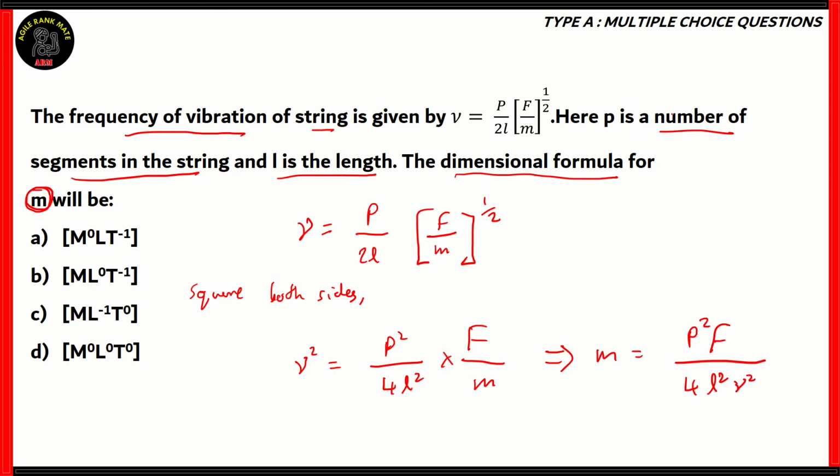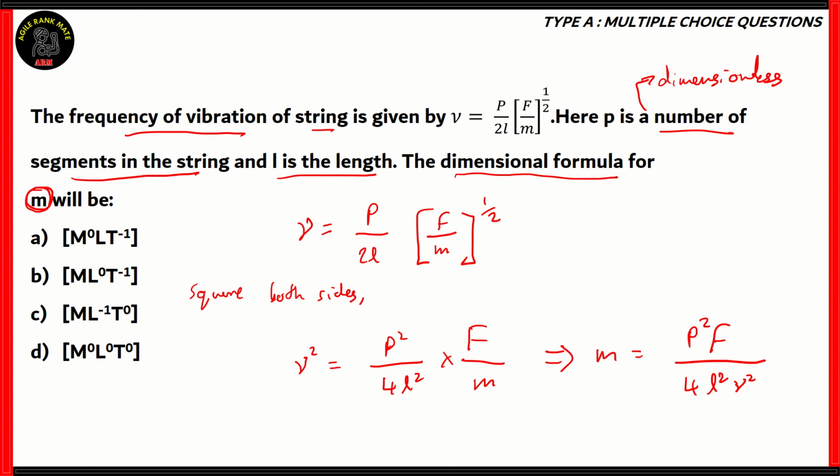Now, p represents the number of segments in the string, which is just a number. It doesn't have any units, and is what we call dimensionless. Also, 4 is a regular number, so it's dimensionless.